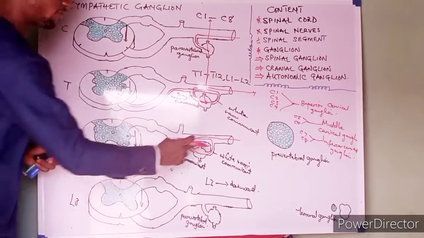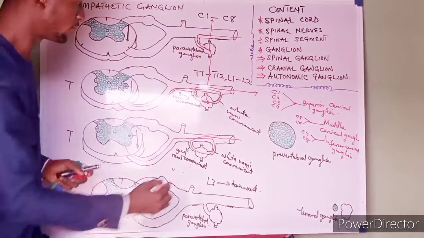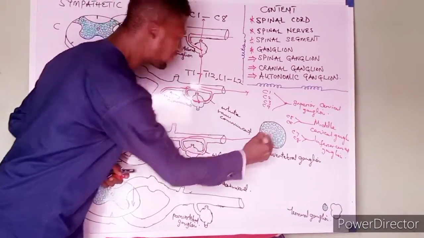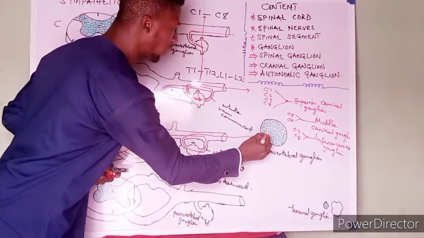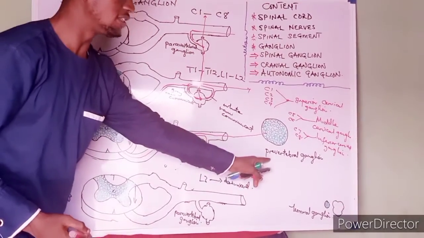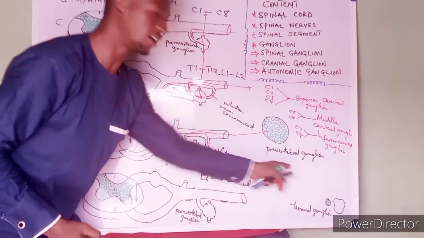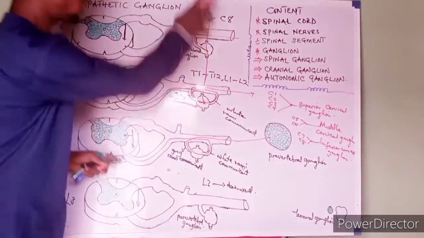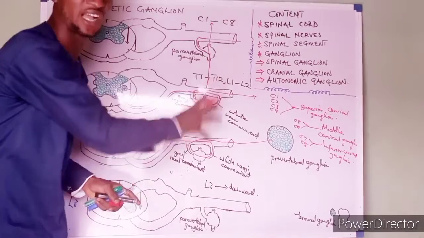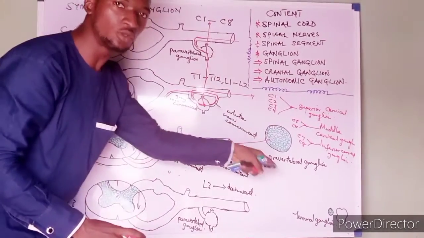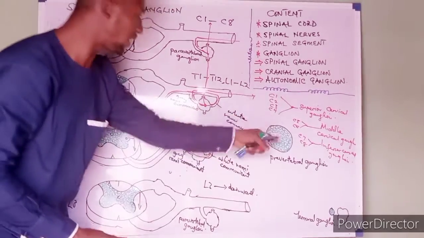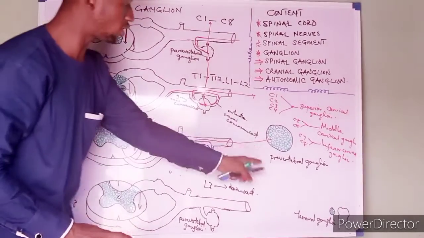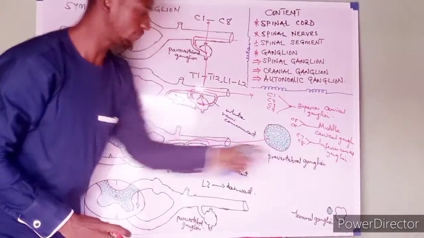Now, this sympathetic fiber can actually terminate outside this particular spinal nerve. And this particular ganglion here is called the prevertebral ganglion. That is, it is not found within the chain at all. It goes out to form another ganglion. And this ganglion is away from the vertebra. That's why it's called the prevertebral ganglion.